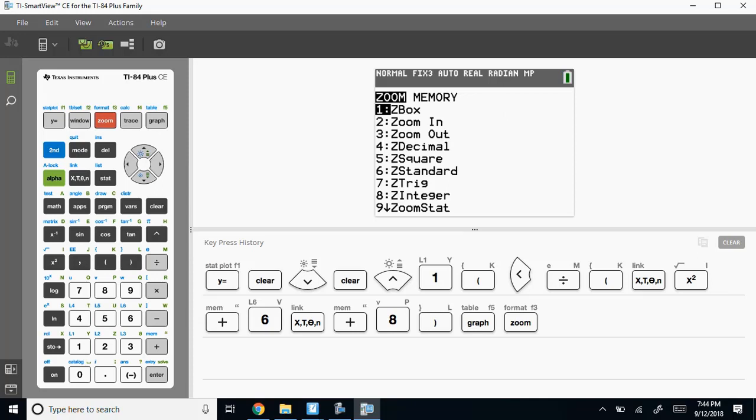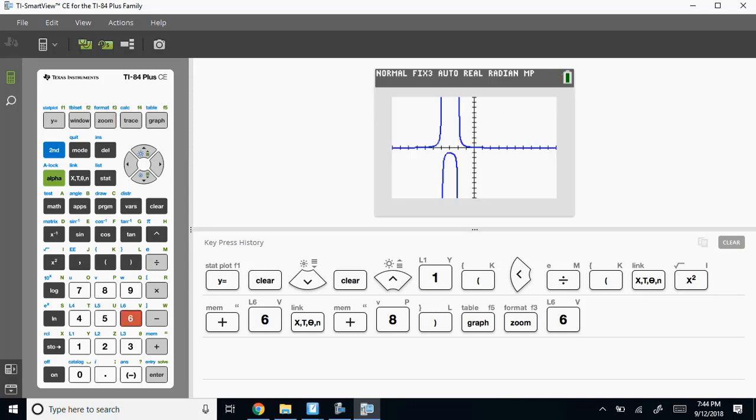Zoom 6. See those asymptotes? Guess where those asymptotes are? Negative 4 and where? Yeah, because it doesn't exist there, right?